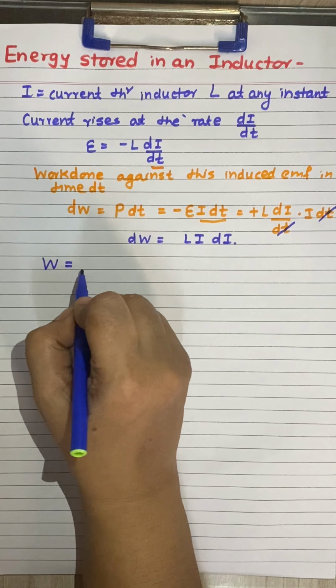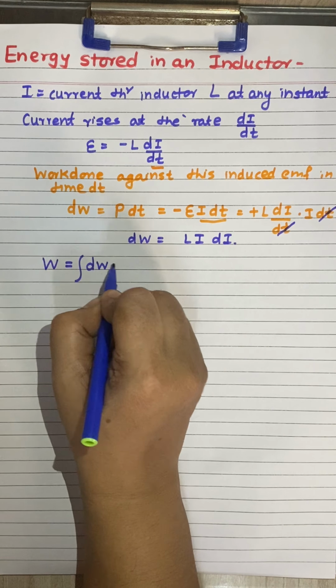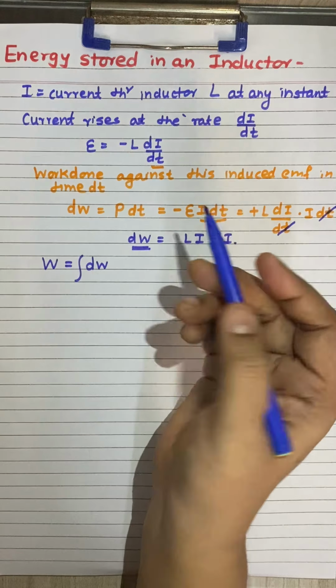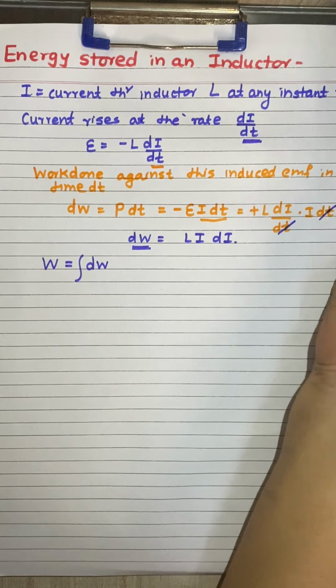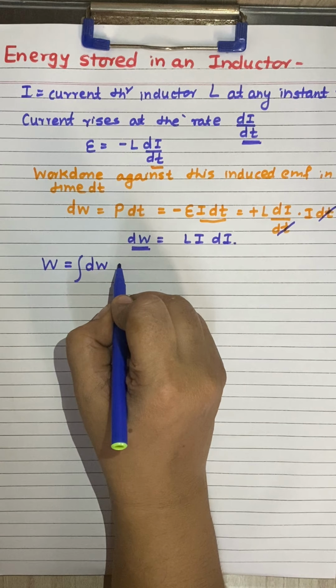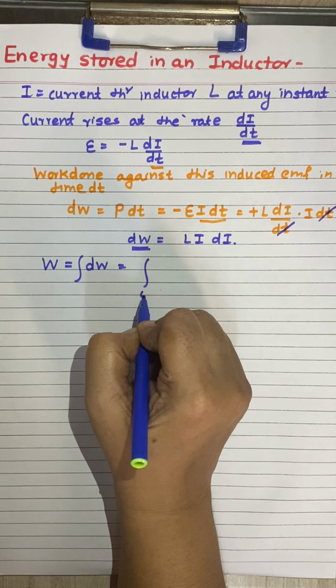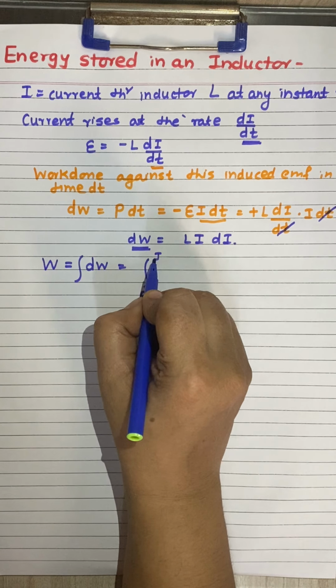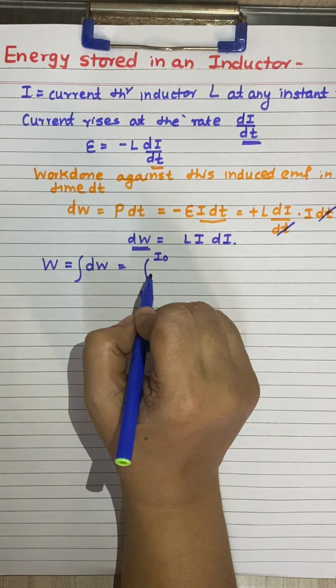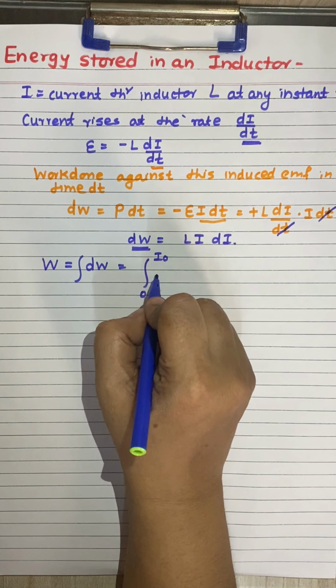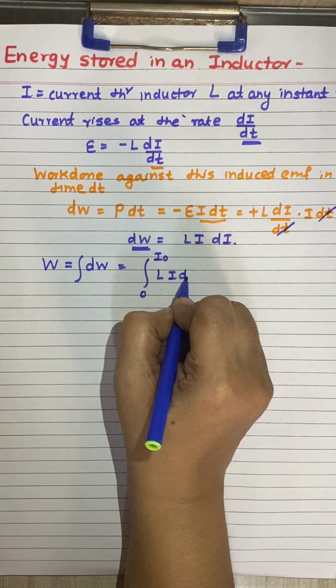So the total work done is equal to the integration of all such small work done which we considered for the small time dt. So the integration of dW is equal to the integration from limit 0 to I naught, because I want to develop the current up to I naught, of L I di.